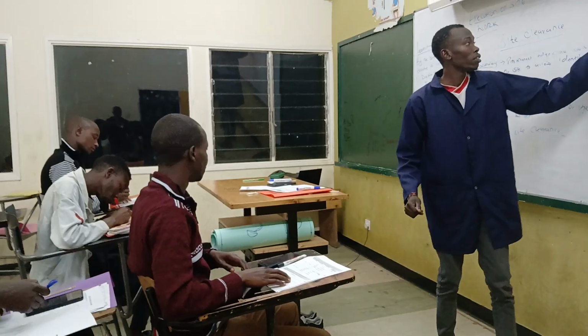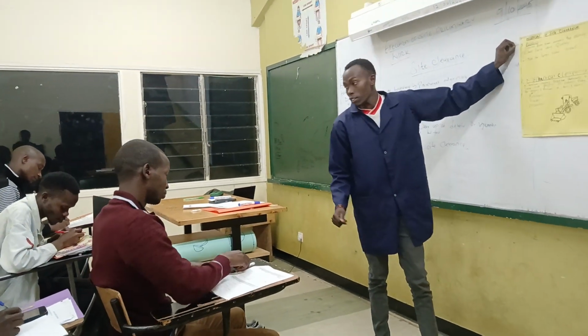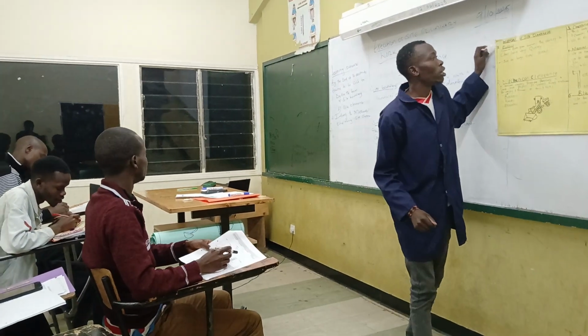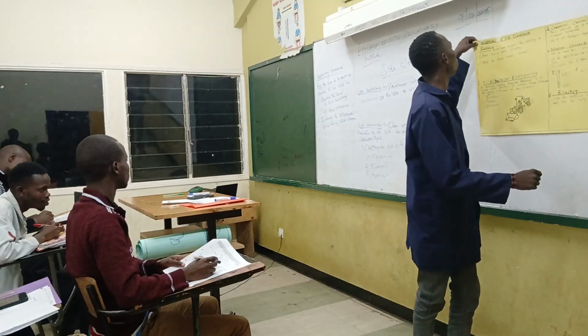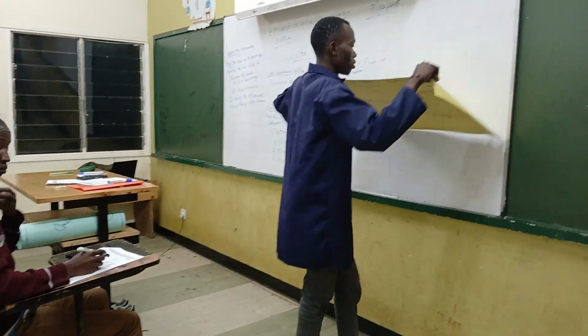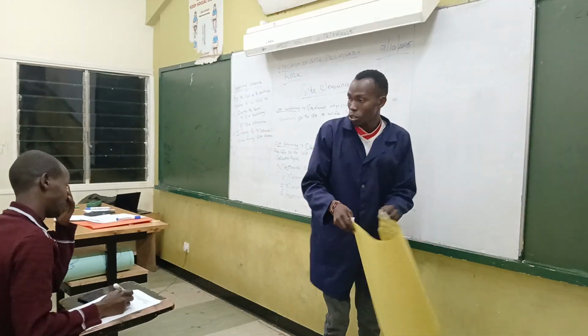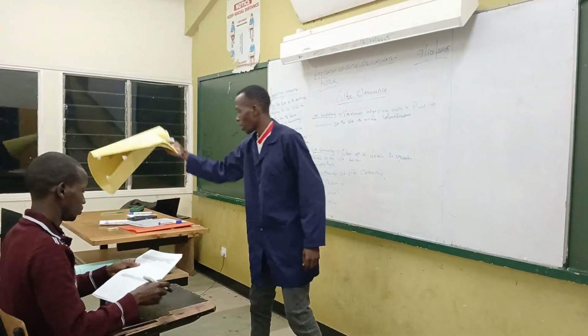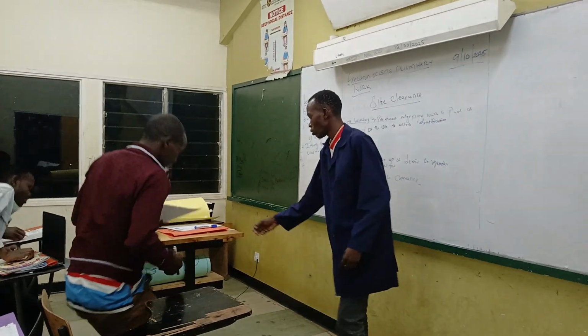I will give this chart to the class rep so that you can put it somewhere for easy studying and content check. Wesley, give me an exit ticket as you go out.